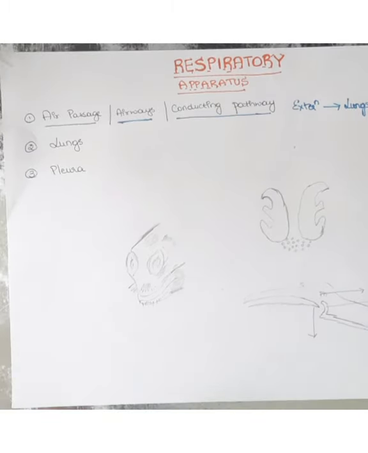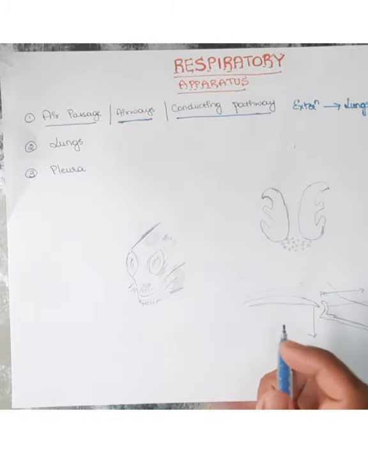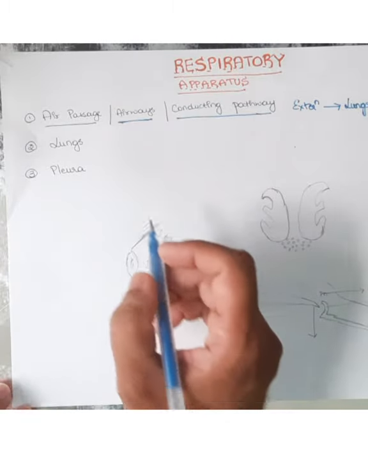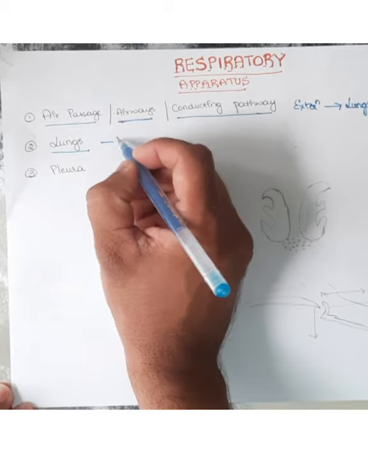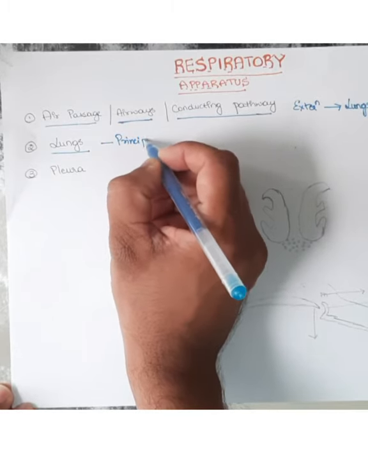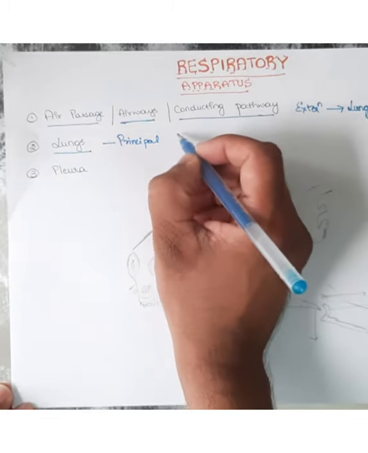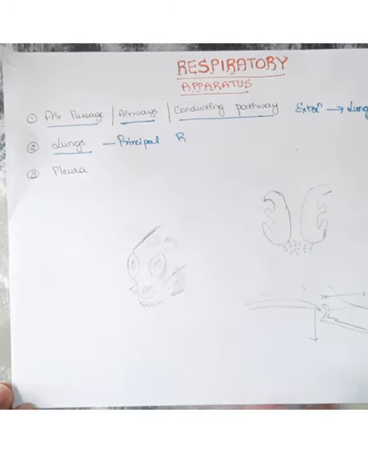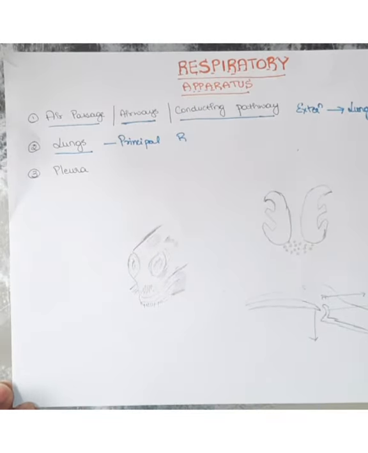The second most important structure that is involved, which is the principal structure that is involved in the respiration, is the lungs. Basically, the exchange of the gases occurs in the alveoli, which is present in the lungs.